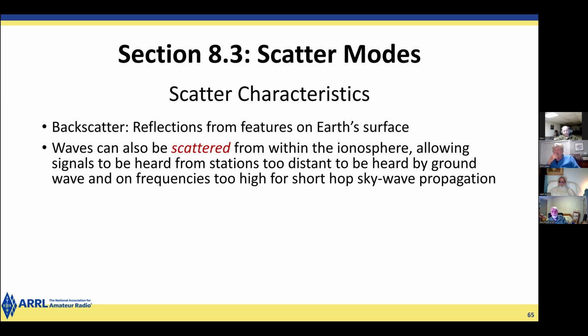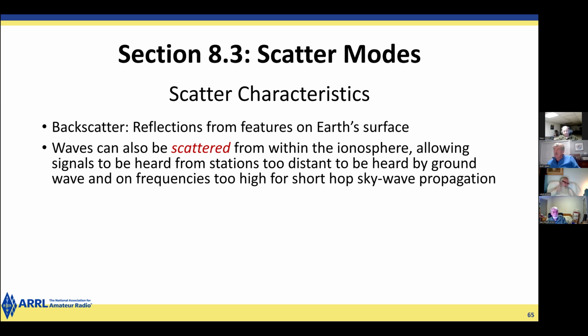So you can hear signals in what would normally be the skip zone, because they are too distant for ground wave propagation and too close for skip propagation.